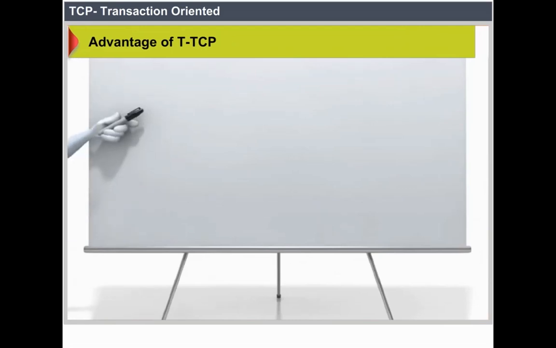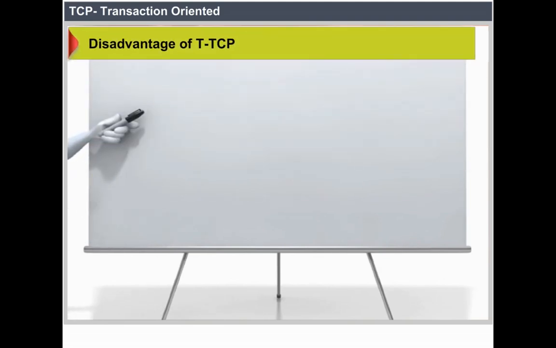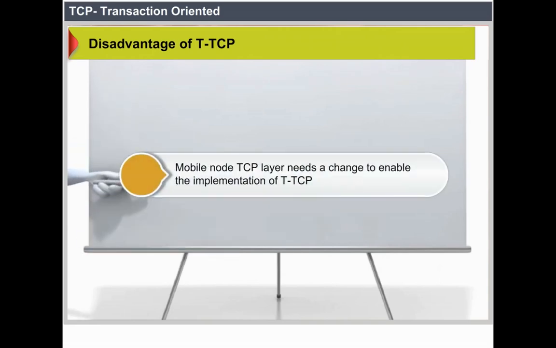Advantage of TTCP: increase in efficiency by reducing overhead of packets for connection establishment, data transfer, and connection close. Disadvantage of TTCP: the mobile node TCP layer needs a change to enable the implementation of TTCP.